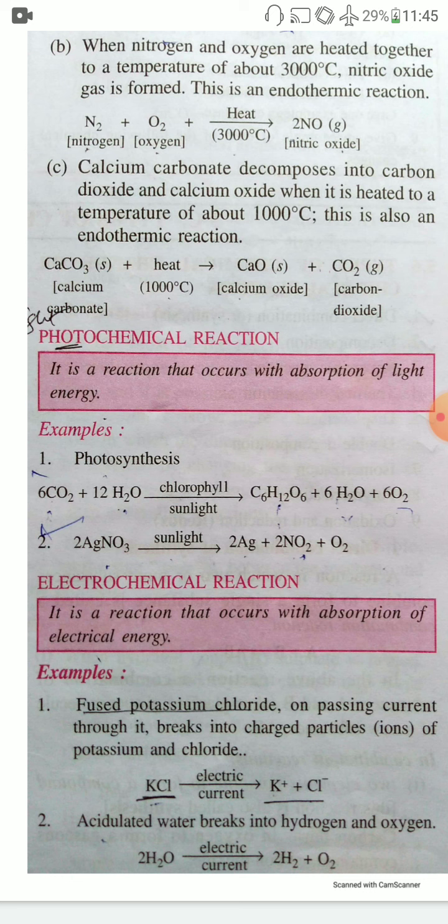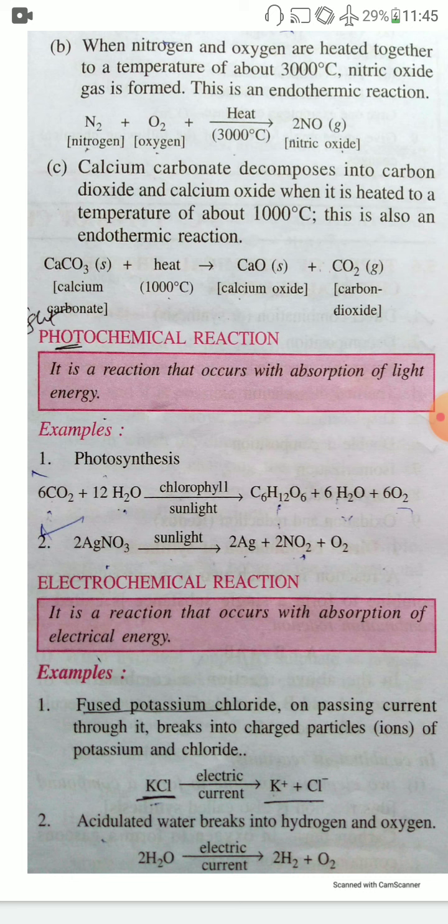So photosynthesis is a photochemical reaction, because here light energy is used. The reaction is 6CO2 plus 12H2O, with chlorophyll and sunlight, gives glucose C6H12O6 plus 6H2O plus 6O2.